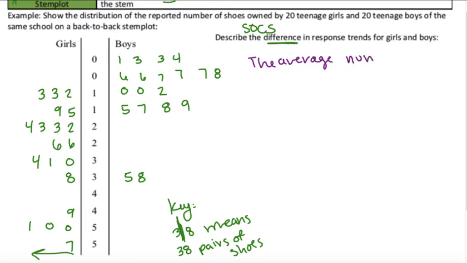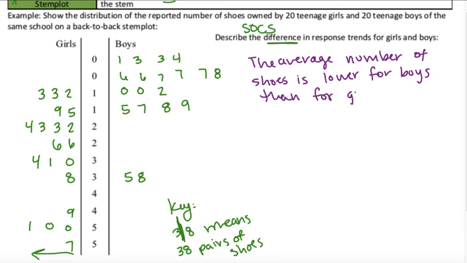But I want to bring in that context, make sure that we know we're talking about not just this distribution as numbers, but as the number of shoes. And so this would address the centers.